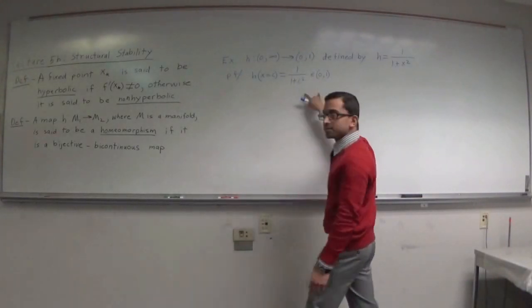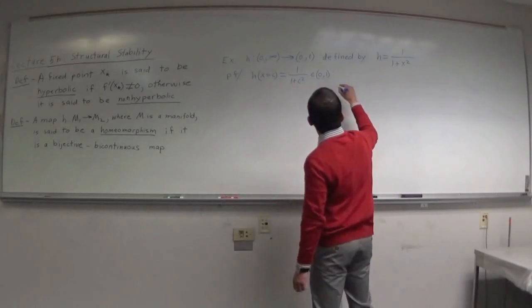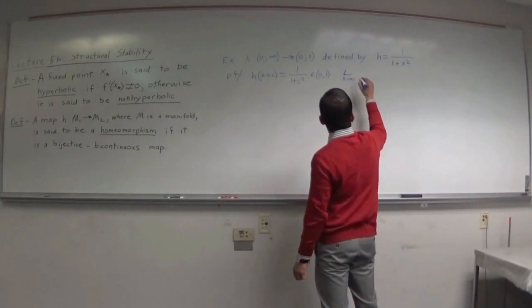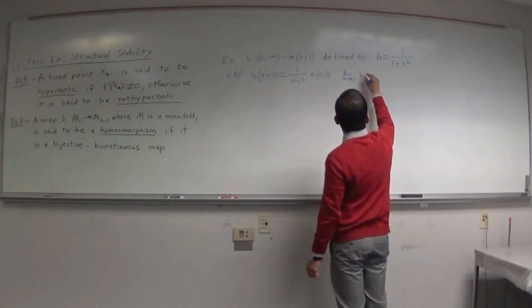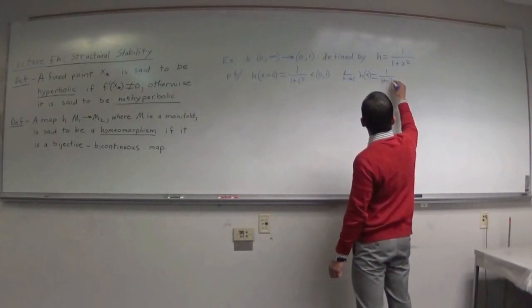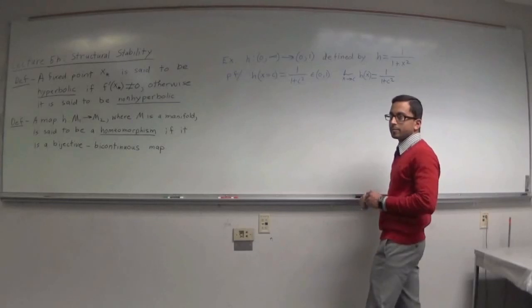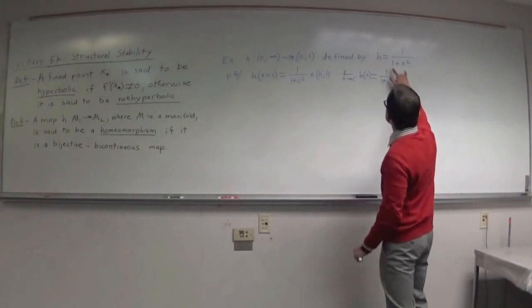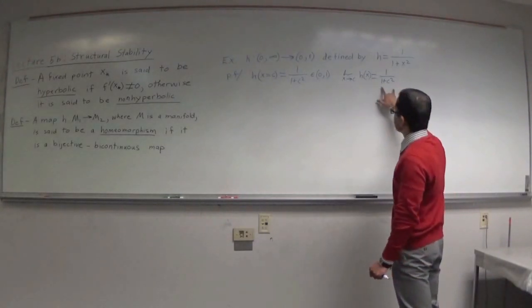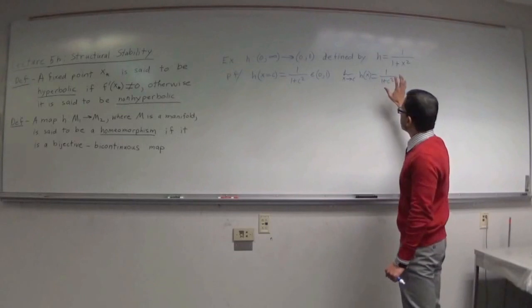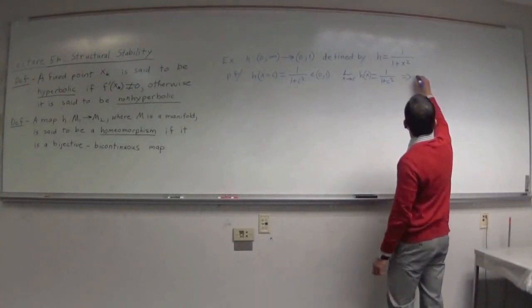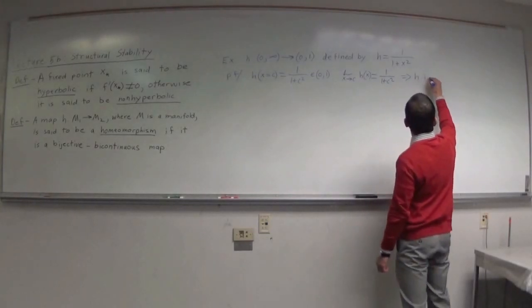So it clearly exists. And now let's show that the limit also exists. The limit as x goes to c of h of x is just going to be 1 over 1 plus c squared. So we don't have to do anything funny. The limit exists, so then it's continuous. So this says that h is continuous.